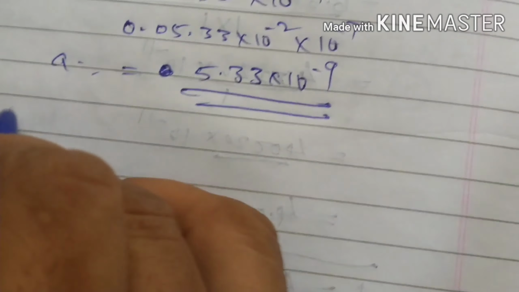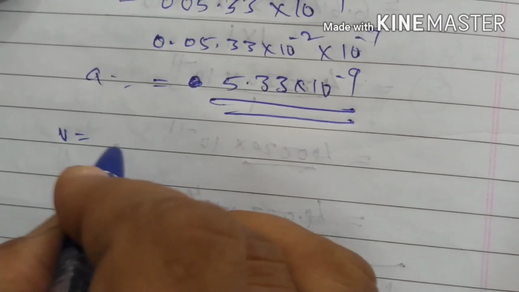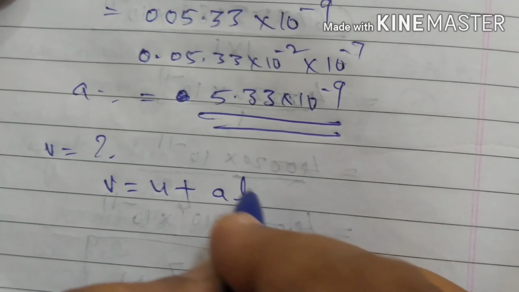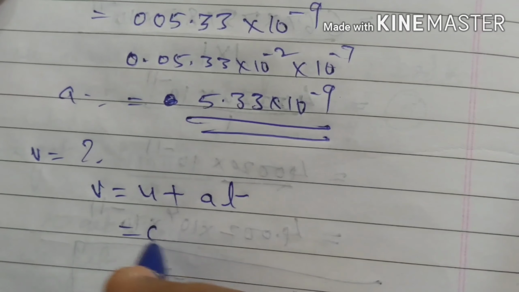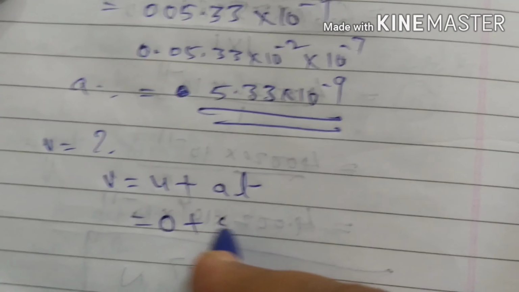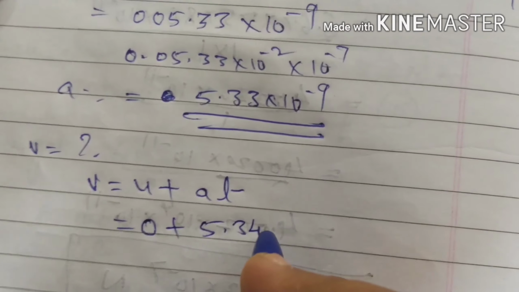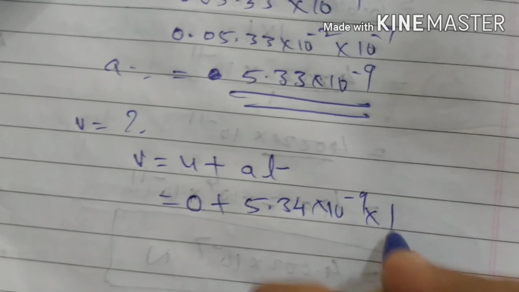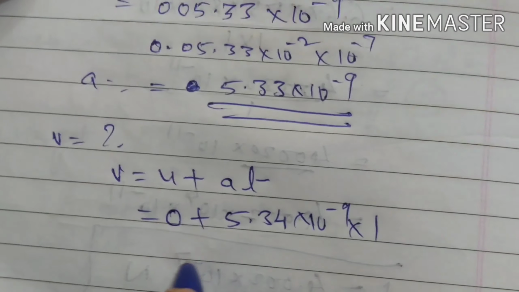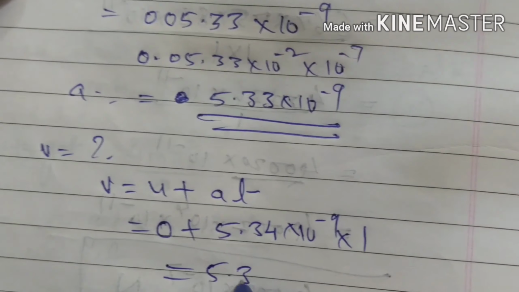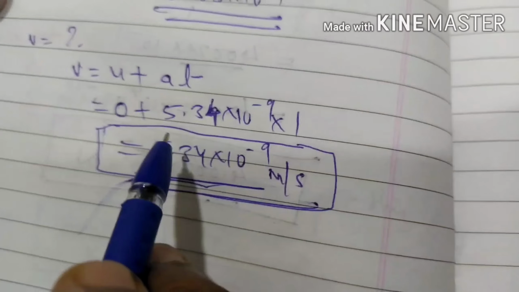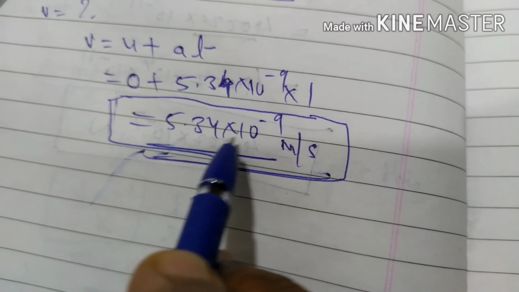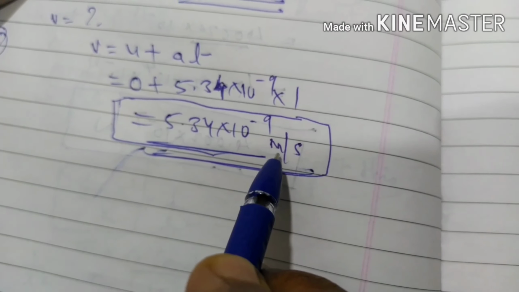Now actually what we want to find is v. So what is the formula for v? v is equal to u plus at. Now put the values here: u is 0 plus a, which is 5.34 into 10 raised to minus 9, into 1, this is the time. So we get 5.34 into 10 raised to minus 9 meter per second.